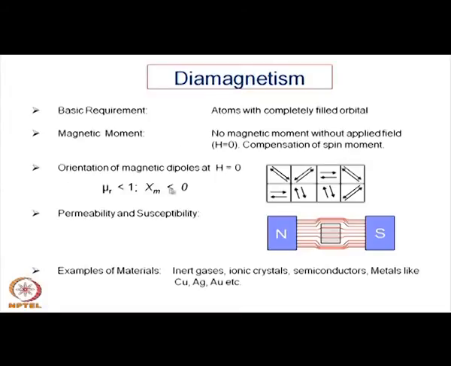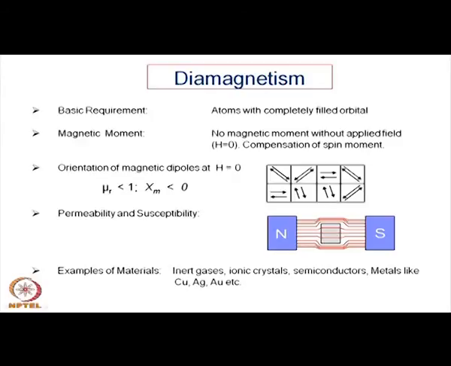This is the orientation in the absence of an external magnetic field. Since they are all filled shells, there is no unfilled shell, so there is no internal magnetization or magnetic moment, and whatever small magnetic moments are there from the dipoles, they are aligned antiparallel with each other.